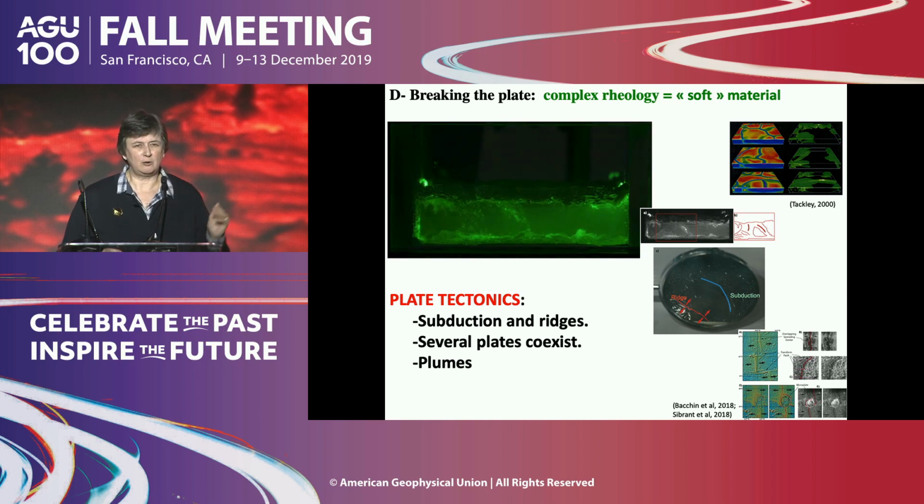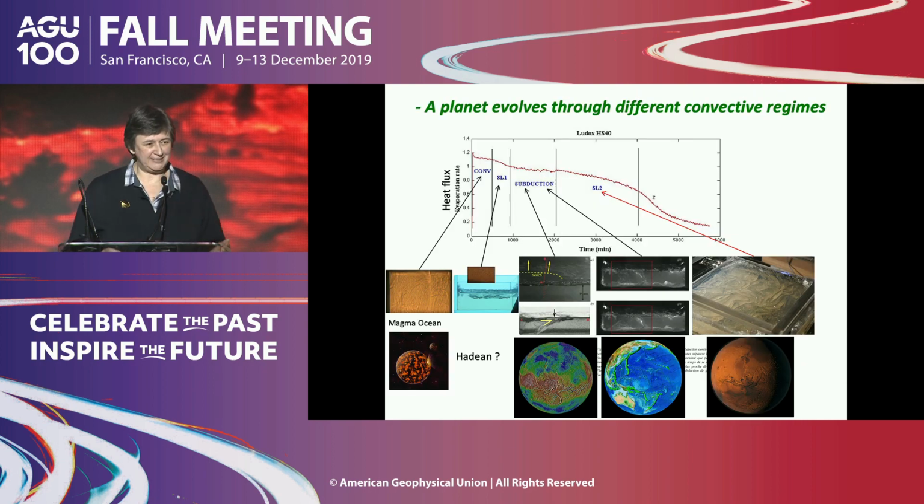Continuing the experiment, you can really get to continuous plate tectonics. Well, the movie is not working, but you have subduction, ridges, several plates can coexist, and you get plumes. All this system is always very strongly evolving through time.